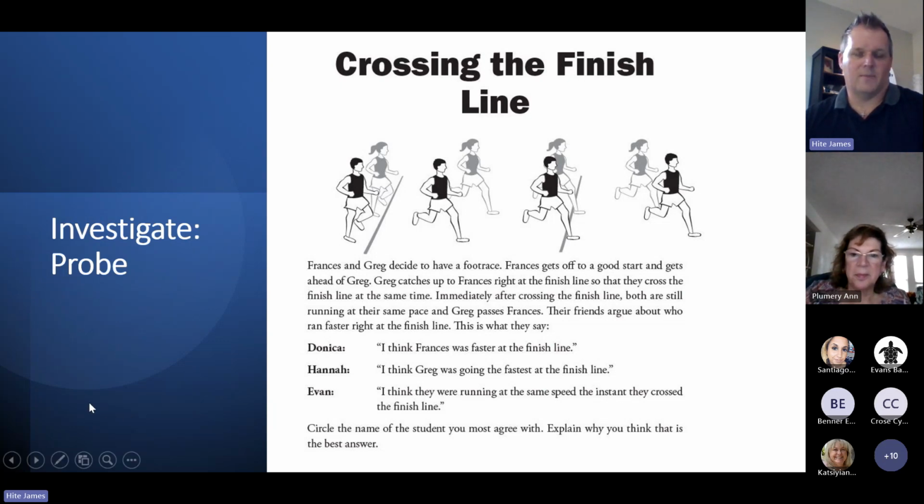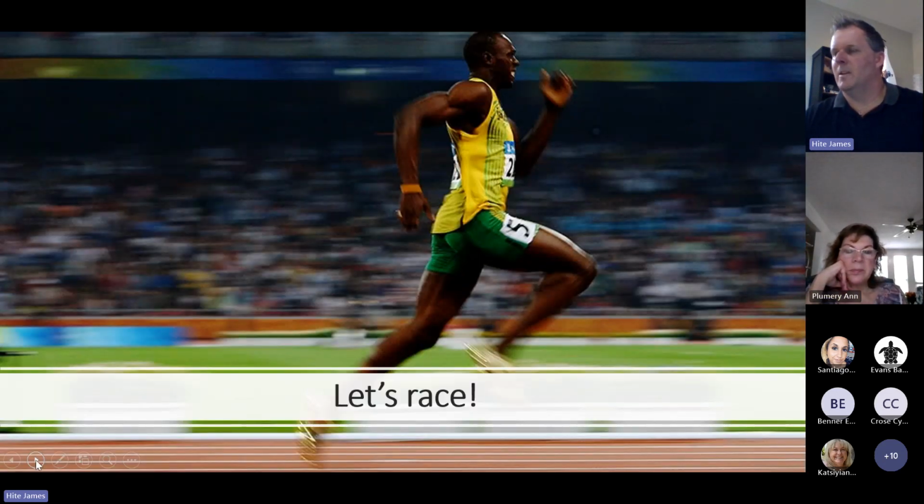I did post that on Canvas as well, which helps build content knowledge for yourself, but also gives you what the answer is. But don't do that on day one. Come back to this at the end of the unit and then revisit the probe and all that good stuff. So it starts out with that.